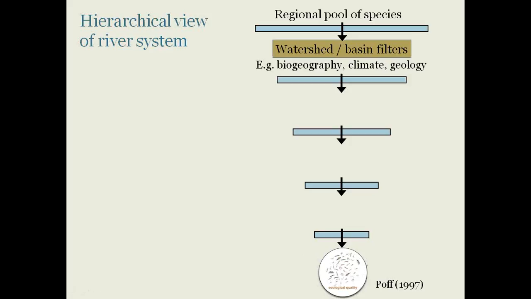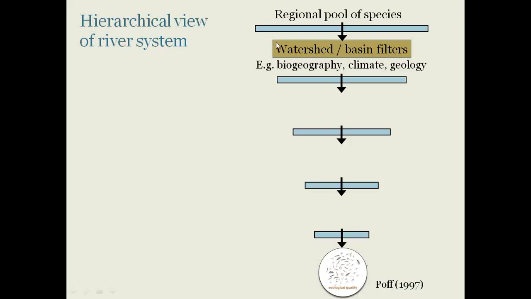So we start off with filters, for example, at the watershed, or they call them watershed or basin filters. These are things like biogeography, climate, and geology. So from your regional pool of species, compared with where you've taken your sample, some of the species within that regional pool wouldn't be adapted to, say, the climate that's experienced in that region, and so they've been removed from the pool.